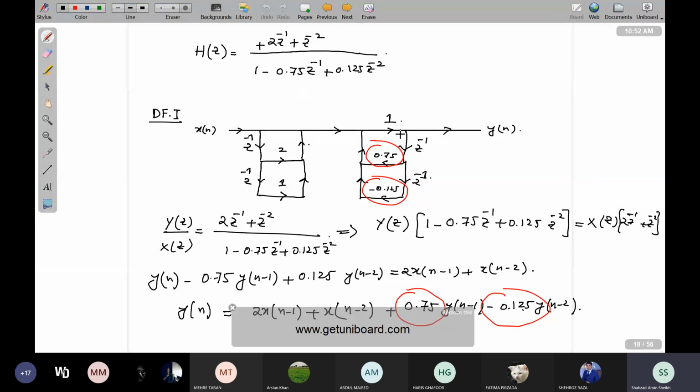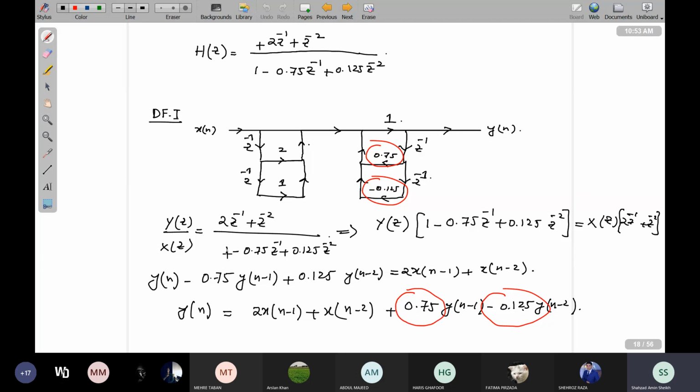And for the denominator, we will be passing it through two delay elements because here again the polynomial is of degree 2. So z minus 1 is being multiplied with plus 0.75 because in the transfer function it is negative, and here it is plus 0.125, so that's why we are multiplying it with minus 0.125, and we are getting this direct form 1 structure.